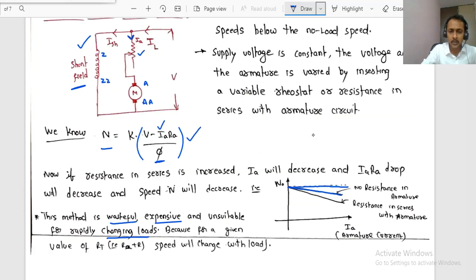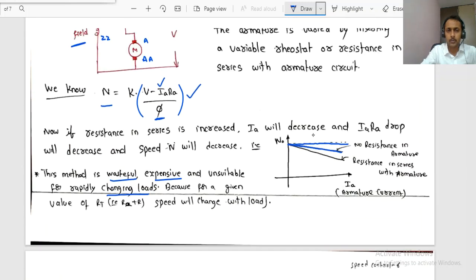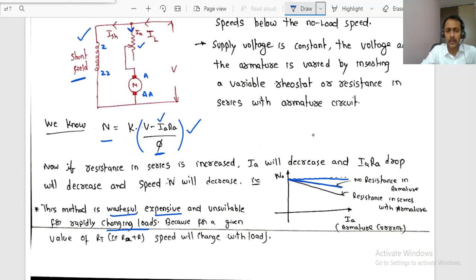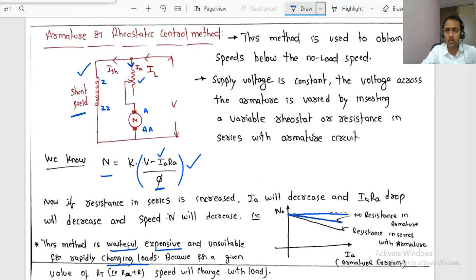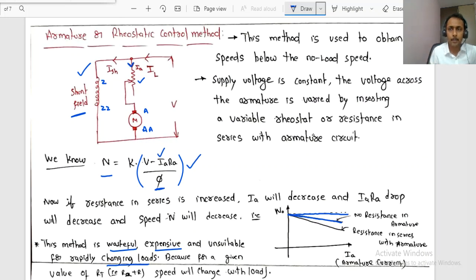The speed will be changing with the load. So this method is very expensive also and unsuitable for rapidly changing loads. But the key point is, by connecting a rheostat in series to the armature, we can control the amount of current drawn by the armature. From this equation, if the IA value changes, speed also will change.